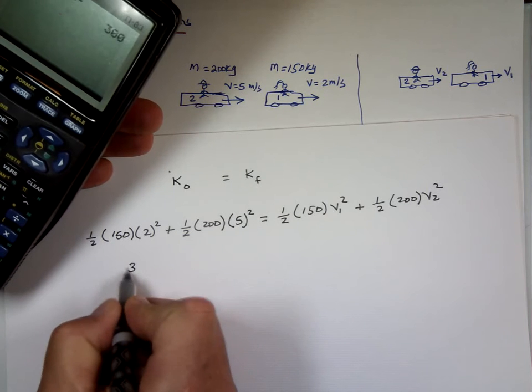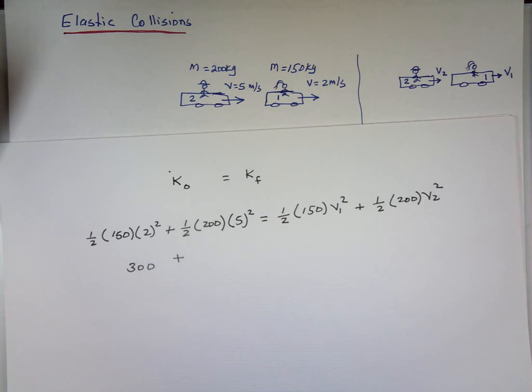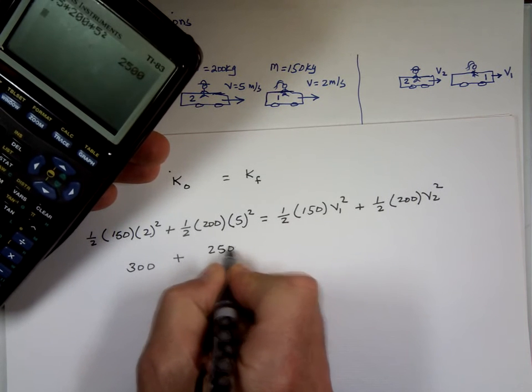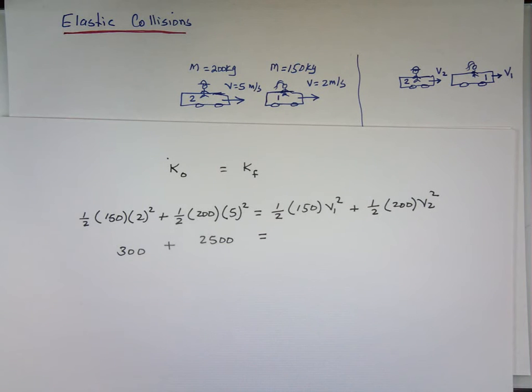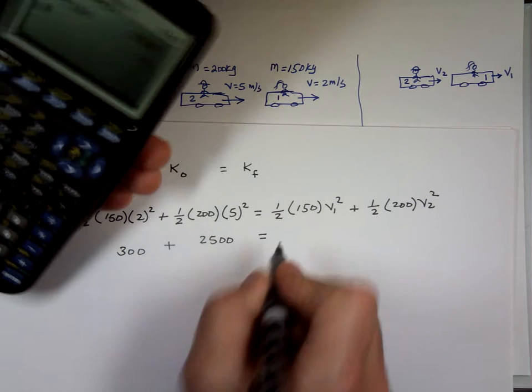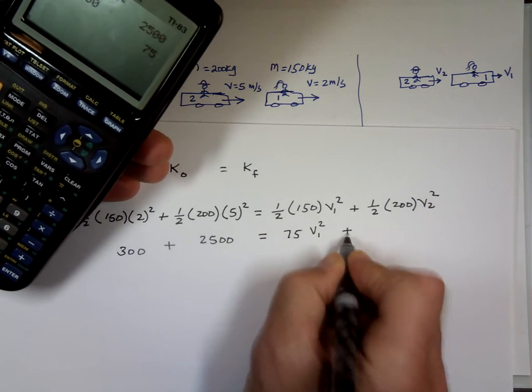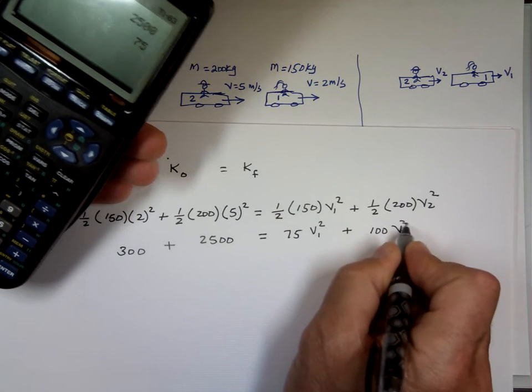$300 and $2,500, and 75 v1 squared, 100 v2 squared.